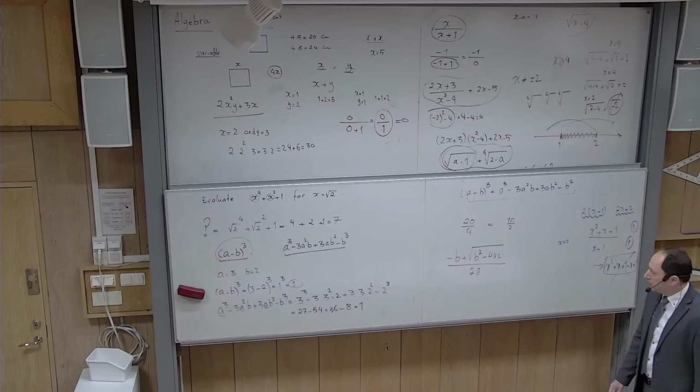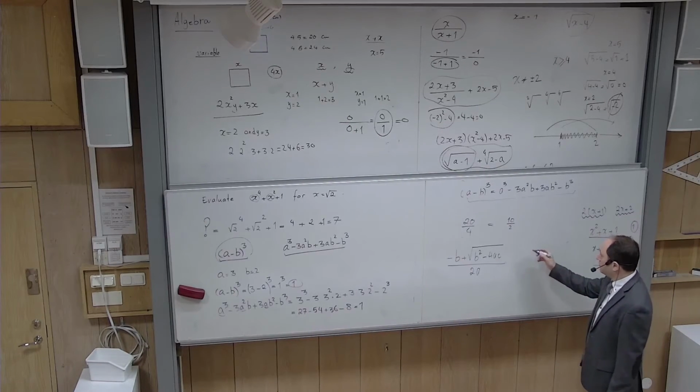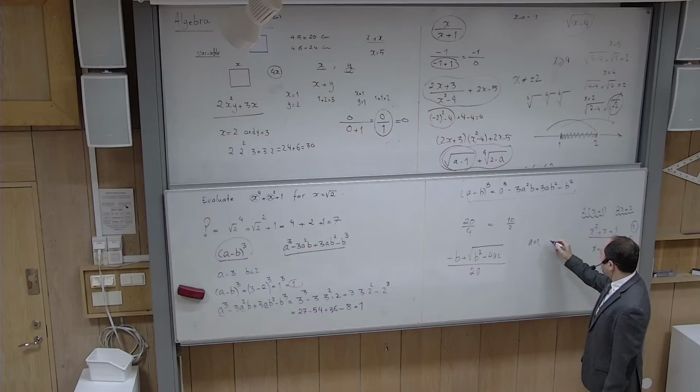But for the time being, let me ask you to evaluate this. If I give you, for example, a to be 1 and b to be 8 and c to be 7.